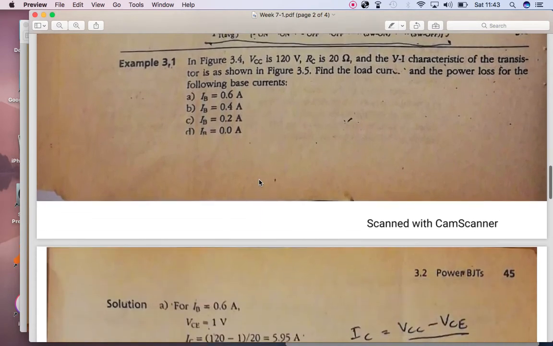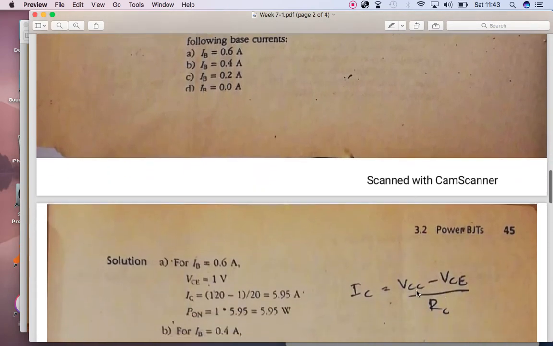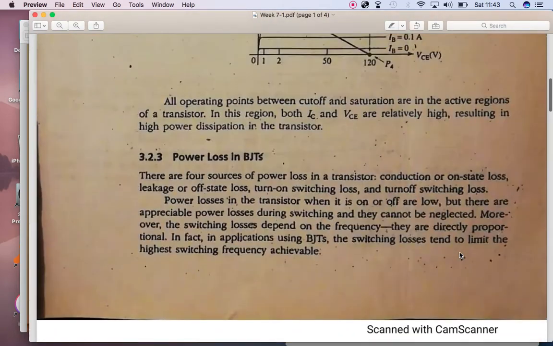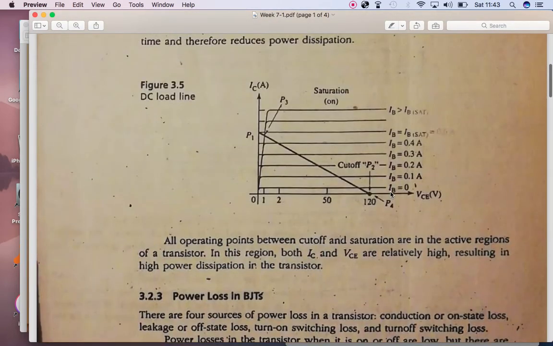So what we will do firstly is that we have this VCC value, we have this RC value, we have to observe the value of VCE from the VI characteristics, which is shown over here. And if we see that we have 0.6 value of base current over here, for that we have what value of VCE, it is nearly about 1 volt over here.